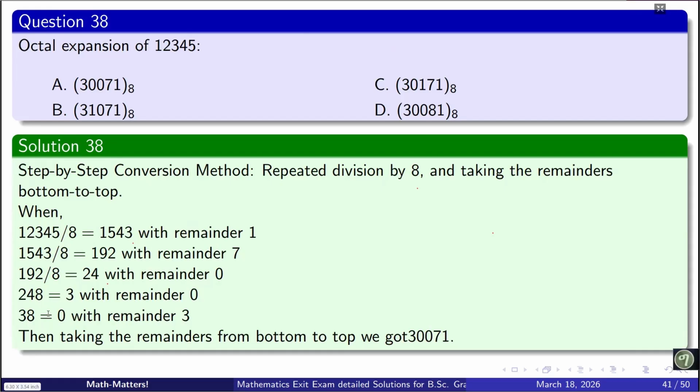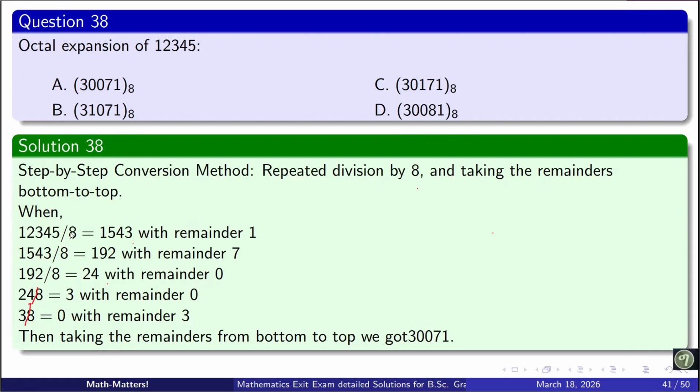24 divided by 8 is 3, and the remainder here is 0. And again, 3 divided by 8: the quotient is 0 and the remainder is 3.